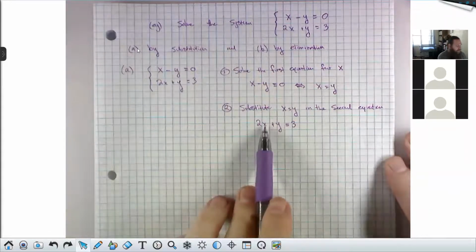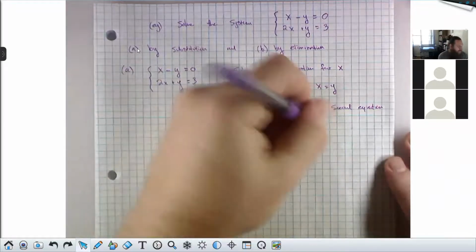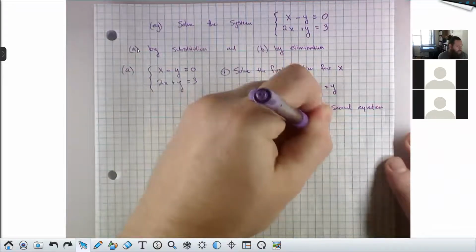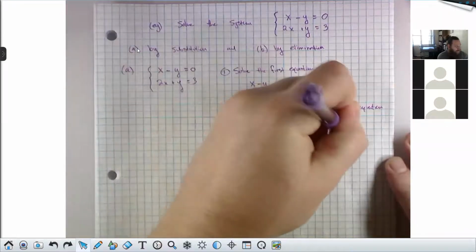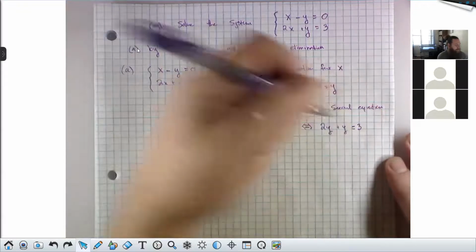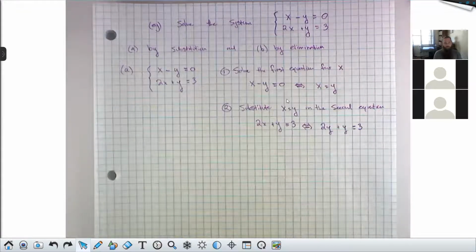And if everywhere there is an x, I write y instead. That's what we mean by substituting. I'll have 2y plus y equals 3. Right? So since x is equal to y by the first equation, 2x is the same as 2y.